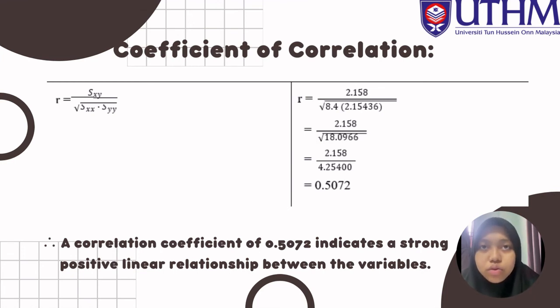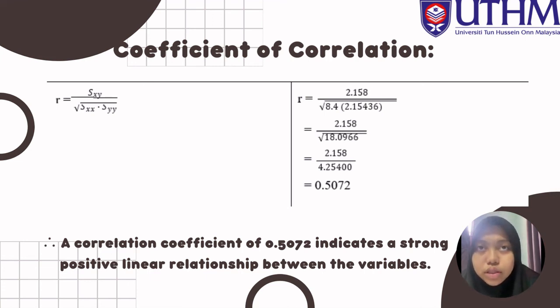So R is equal to 2.158 divided by the square root of 8.4 times 2.15436, and the answer is 2.158 divided by the square root of 18.101966, which is 4.254, and we will get the answer 0.5072.